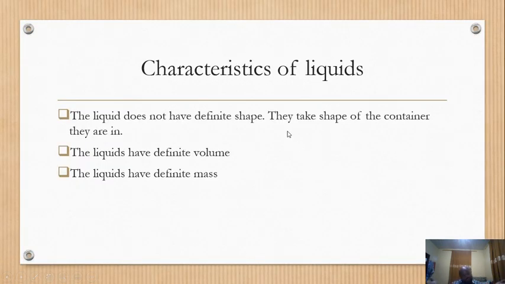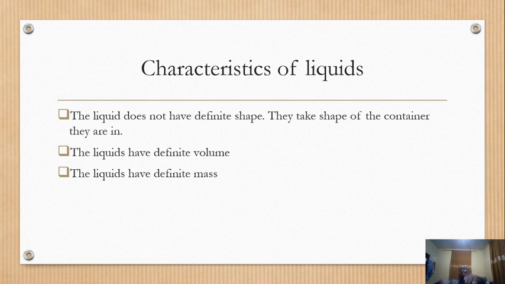So if they don't have definite shape, what shape do they have? They usually take the shape of the container they are in. For example, if you pour water in a cup, the water will have the shape of the cup. If you put it in a rectangular utensil, it will have a rectangular shape.